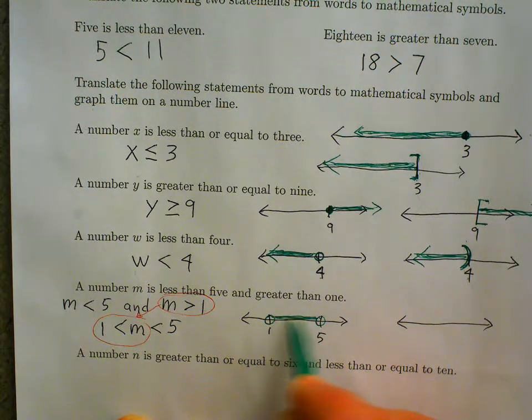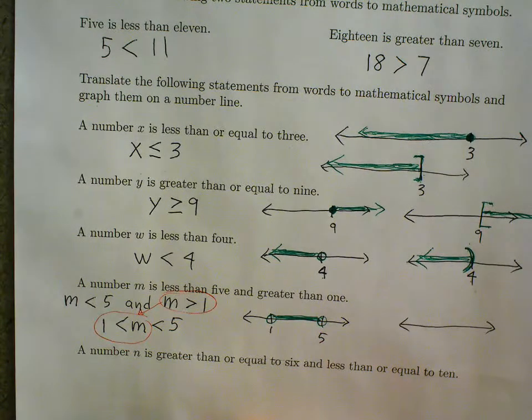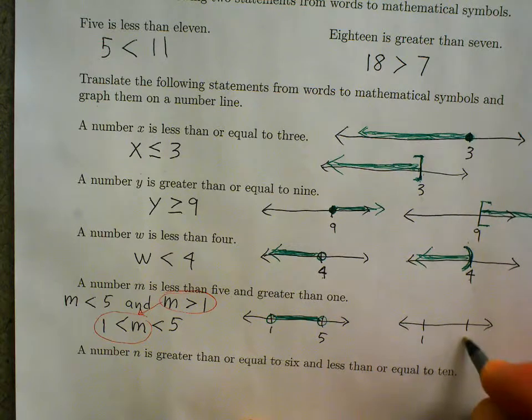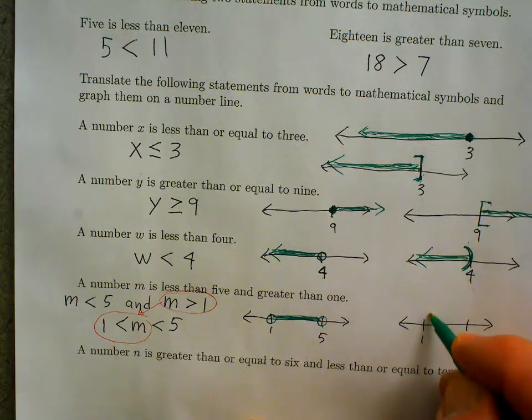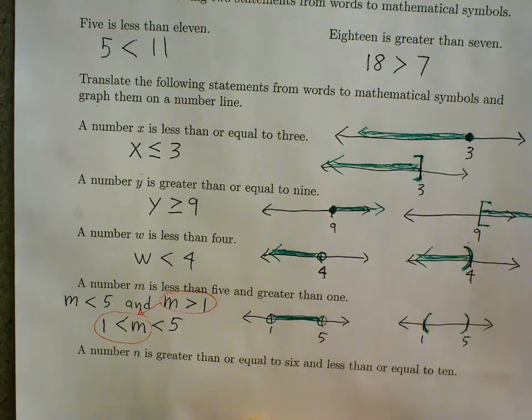M represents any number between 1 and 5. And then the other one we use parentheses instead of open circles. So we put a parenthesis at 1 opening to the right, a parenthesis at 5 that opens to the left, and then we shade in the numbers in between.